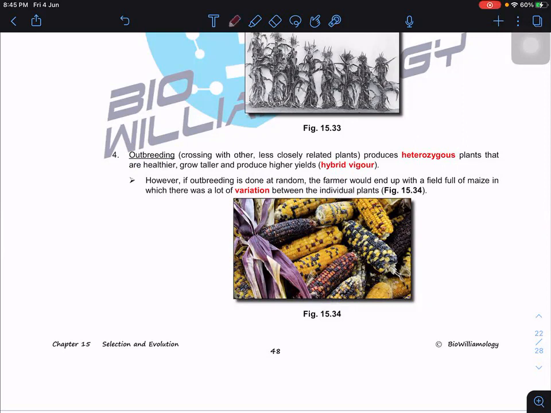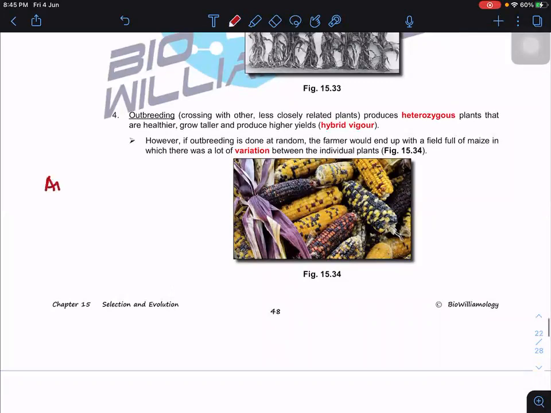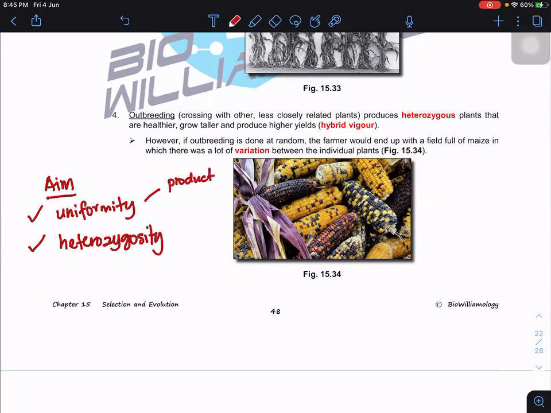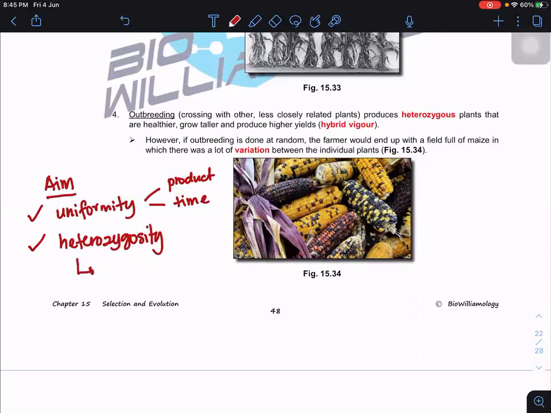So now, our aim here, first, we need to maintain uniformity. At the same time, we try to achieve heterozygosity. So what does uniformity mean? As I said, the same product, same harvesting time, the same duration. You don't want one to ripen earlier and one to ripen later, right? And why do we want to promote heterozygosity? Because heterozygosity will give us hybrid vigour.